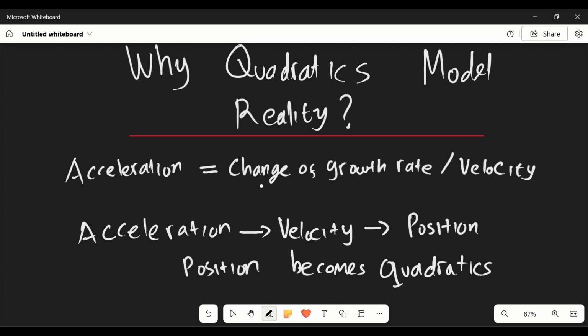Acceleration is the rate of change of velocity. If we integrate acceleration, we get velocity. If we integrate velocity, we get position. And position becomes quadratic after integrating many times. So, parabolas are the natural language of acceleration.